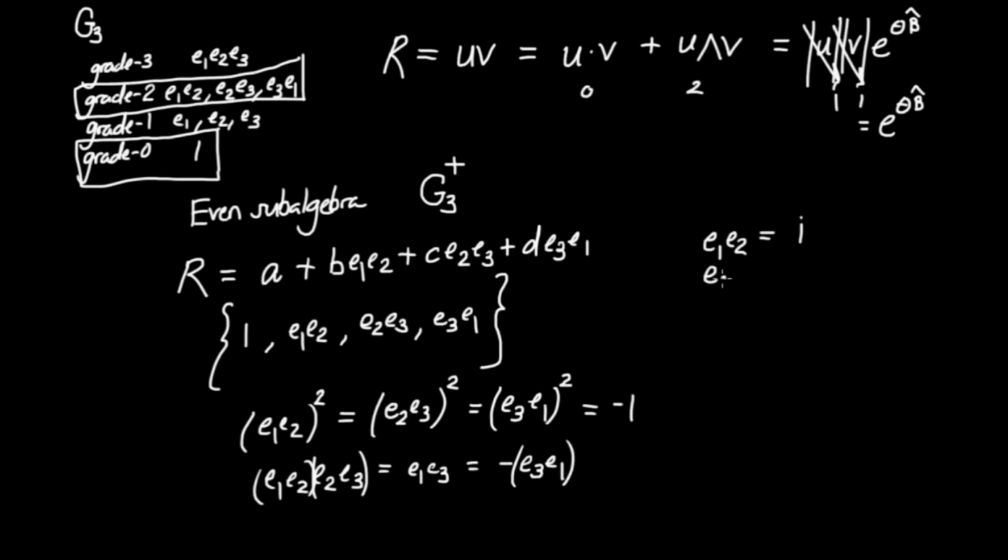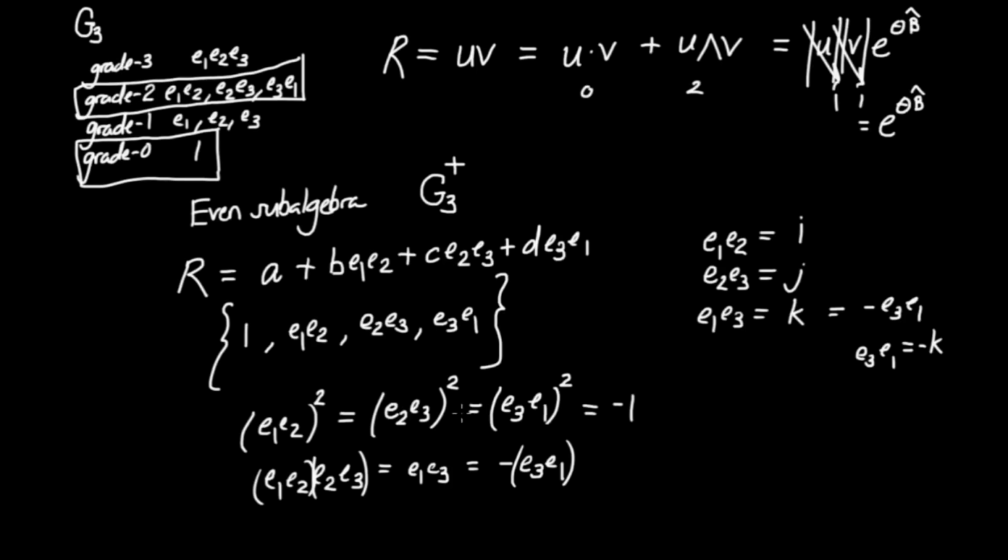Let me name E2E3 little j. And let me take this E1E3 and call that k, which, by the way, is equal to minus E3E1. Equivalently, E3E1 is going to be minus k in this scheme.